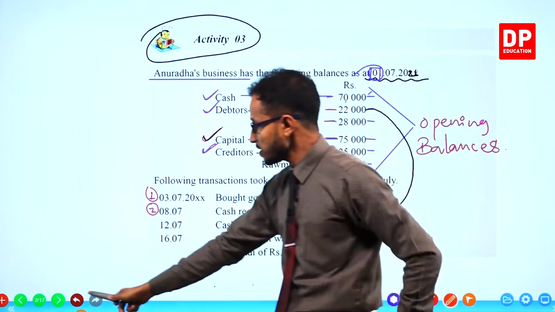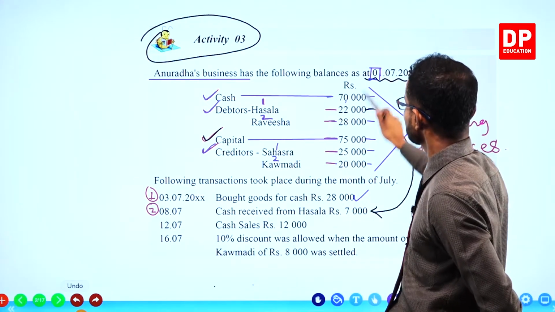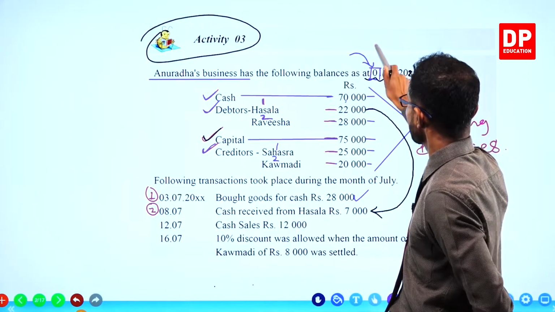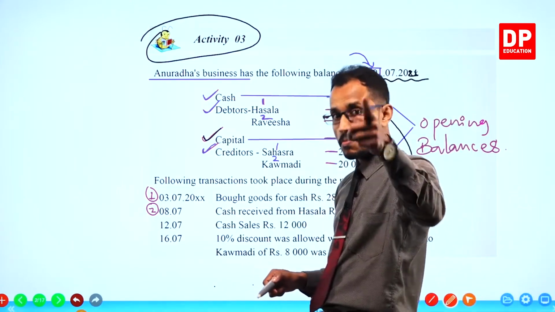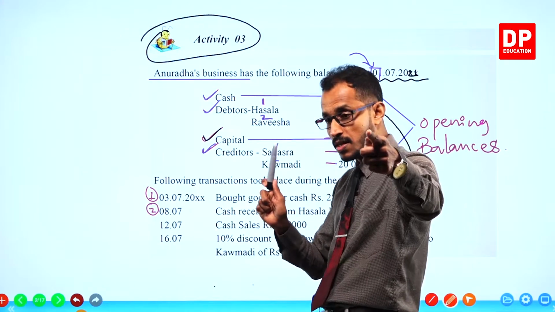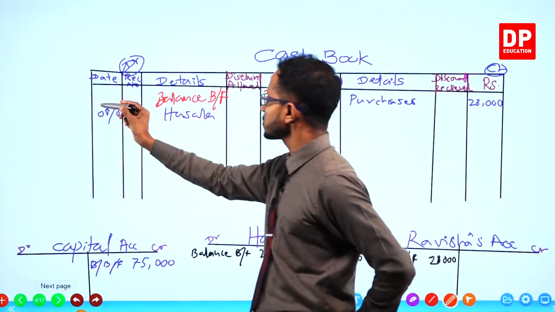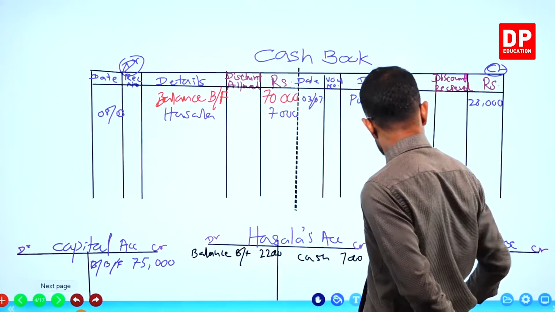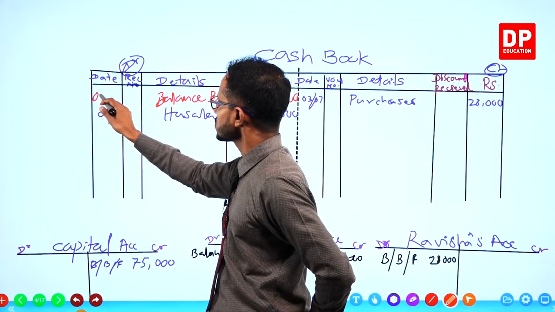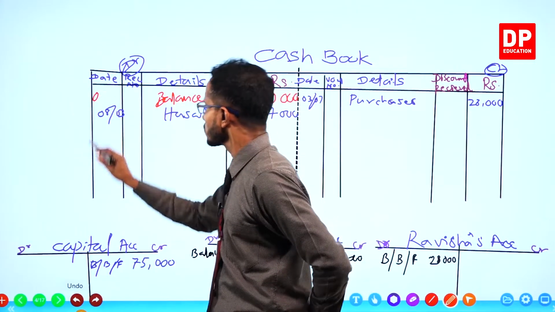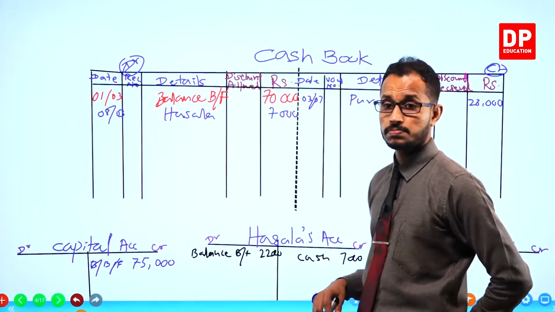So this opening date is first. And when you record the opening balances, don't forget to mention the opening date first. Let's use the same color, otherwise it's not nice. First of March. Okay.